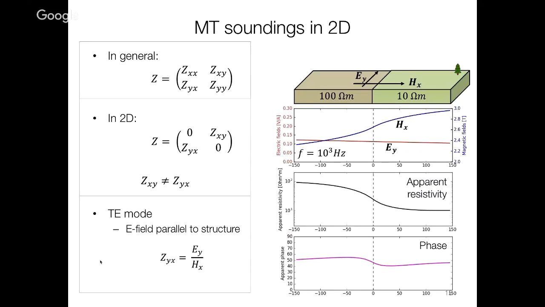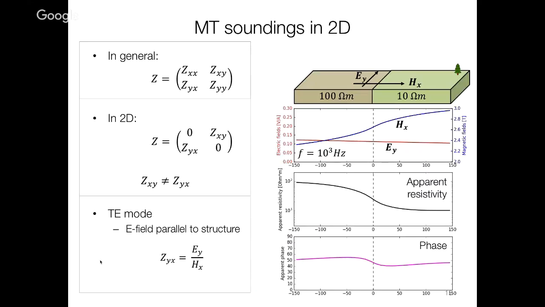So if we plotted the electric field, what would you expect? The electric field should be decreased. The sigma times electric field should be constant, right?